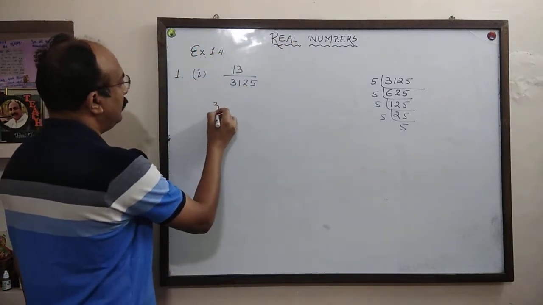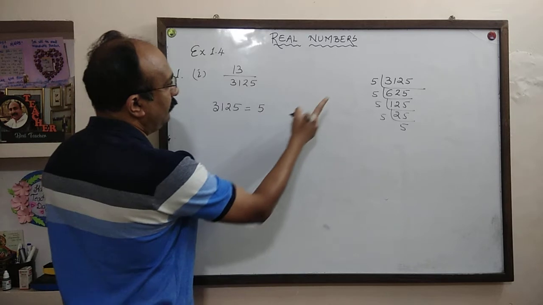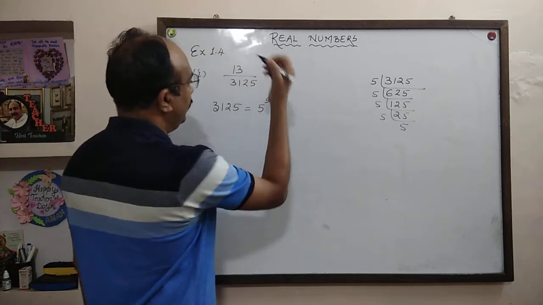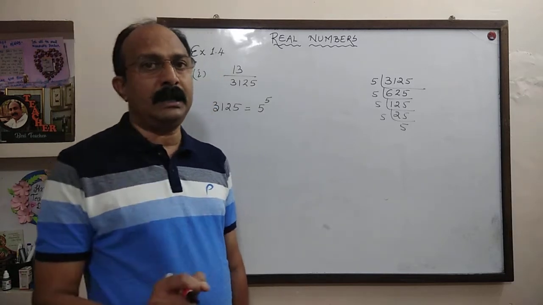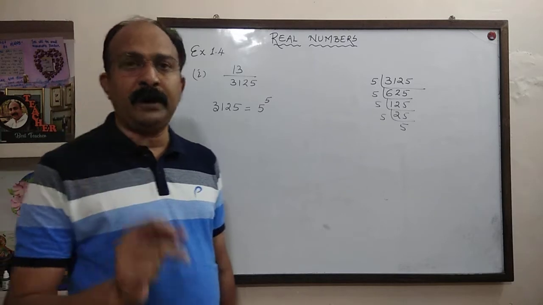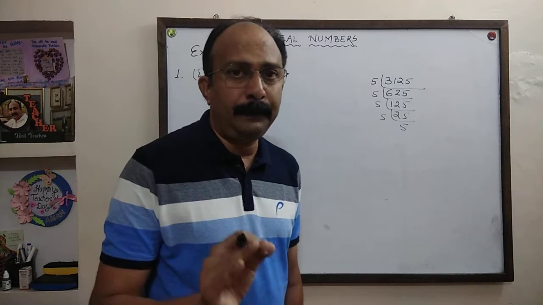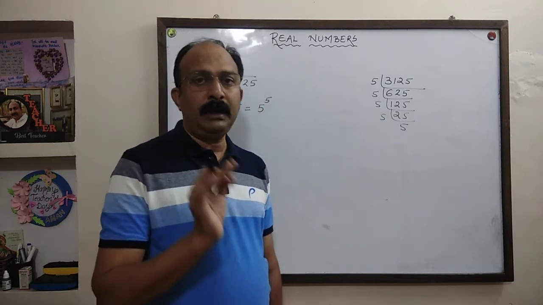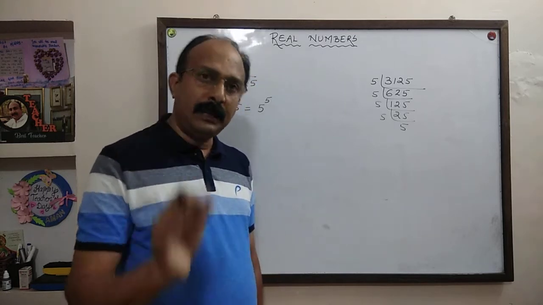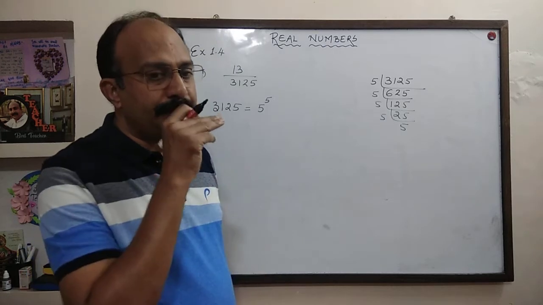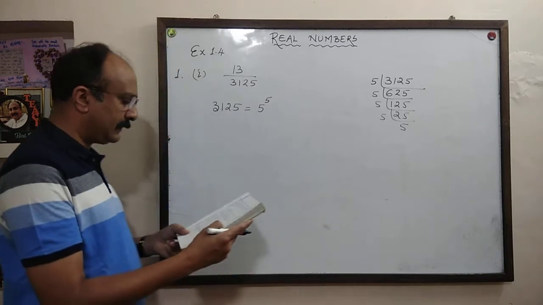So here you have to write 3125 is equal to 5 power 5. The prime factorization of 3125, that is the denominator, is done, and we got the answer 5 power 5. And what is the theorem? If it is in the form of 2 power m into 5 power n, where m and n are non-negative integers, it can be terminating.